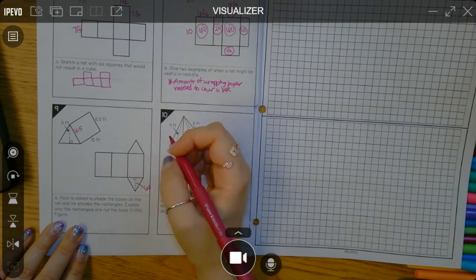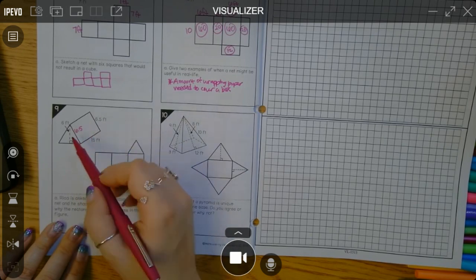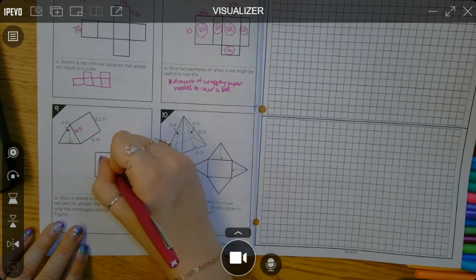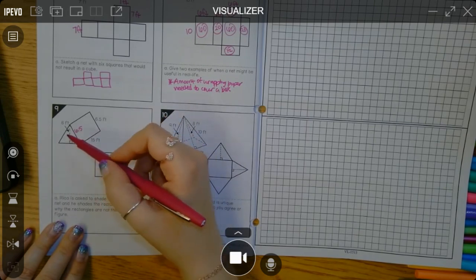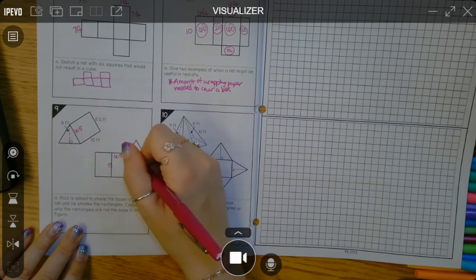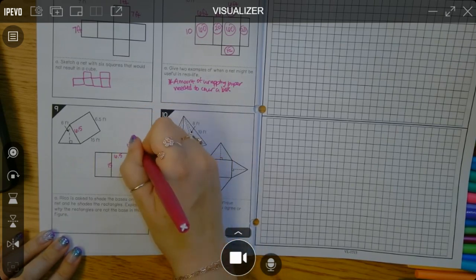Okay, so that means that right here, that's your side that connects there, and then this is your 15. So this is 15, and this is 6.5. And then because it's a tent, they're probably all going to be the same. So this is 6.5, and that's 6.5. And then that's 6.5 as well.